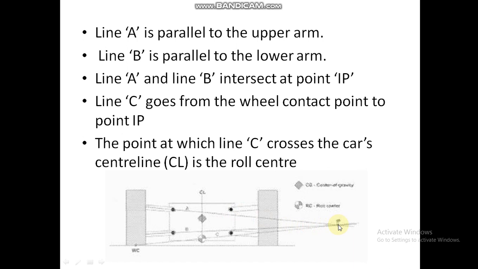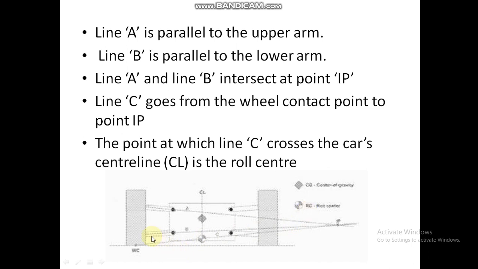There is another line C which goes from the wheel contact point to the IP, and the C line meets the center of the car at this point, and this point is called roll center.